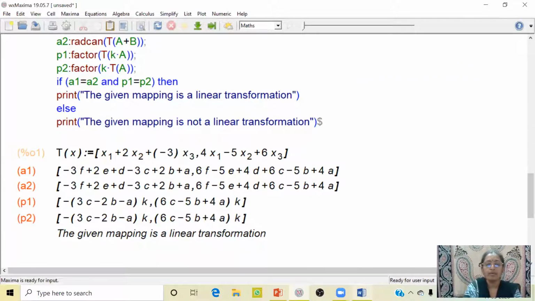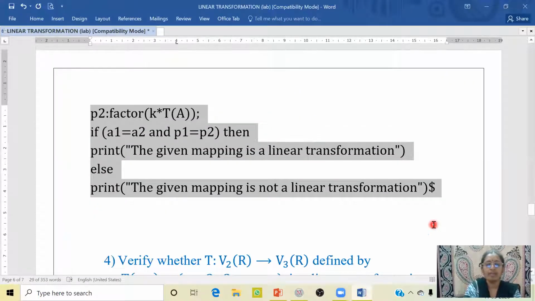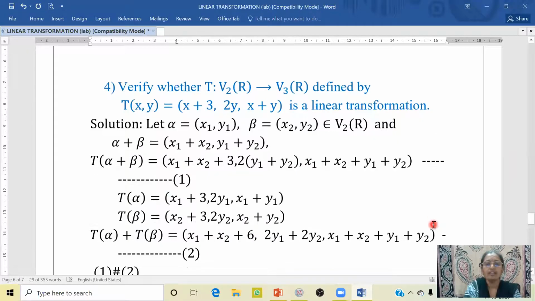Now let us go to the fourth example over here. And here this is a little different in the sense T is from 2 dimension to 3 dimension. T of x comma y is mapped onto a triplet x plus 3 comma 2y comma x plus y. We need to check whether this is a linear transformation.